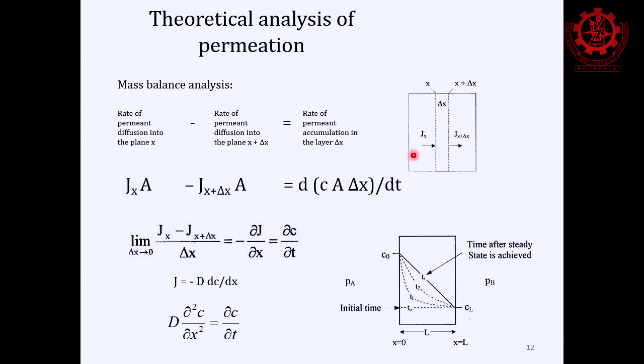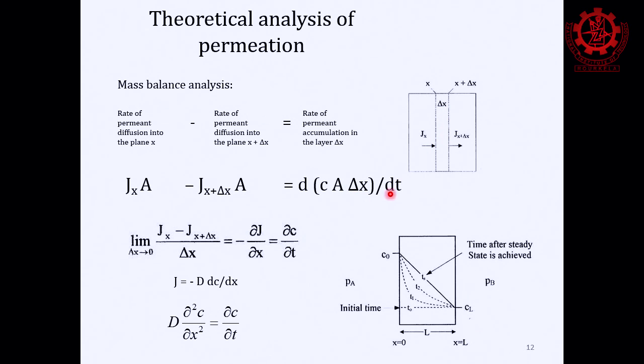If you take the difference, then that difference is the amount being accumulated in this small volume, and that's what it's saying. The concentration multiplied by area and that distance gives you volume, and it is being accumulated with time here, right?